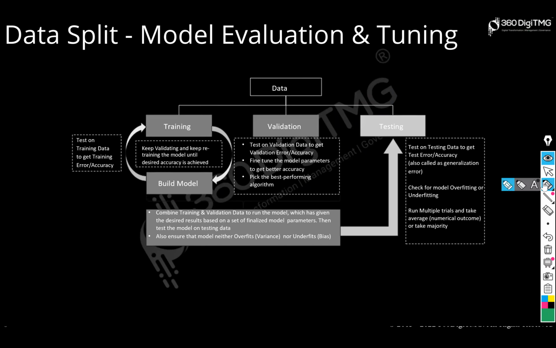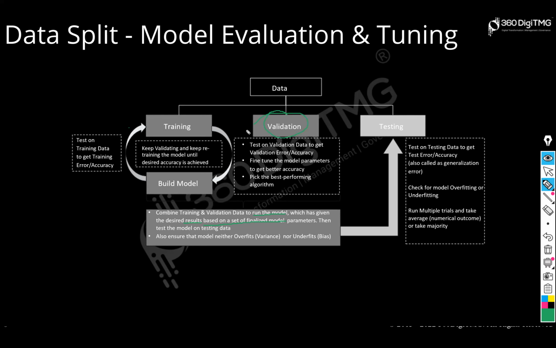The splitting is like this: training, build a model. Validation set, we will use to validate the model, then the training set. Combine the training and validation data to run the model with the desired results based on a set of finalized model parameters. This validation is for hyperparameter tuning.